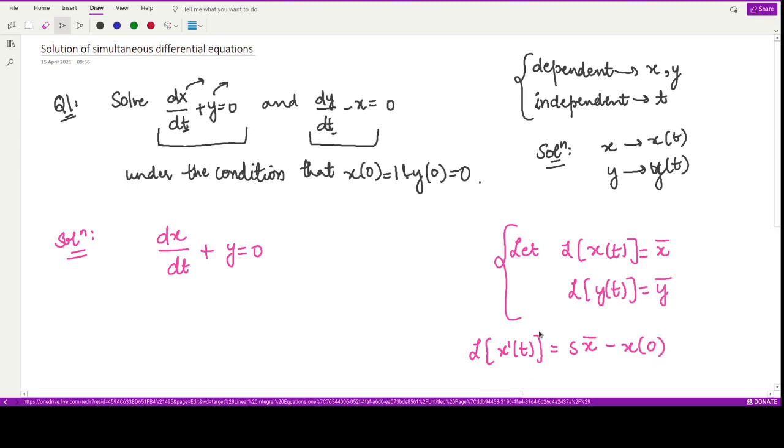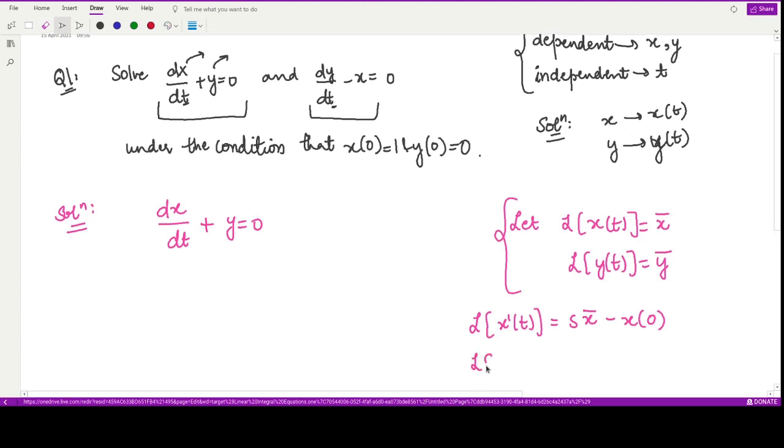Similarly, the Laplace transform of y dash t would be equal to s into y bar minus the value of y calculated at the point 0. So we can use this expression here.